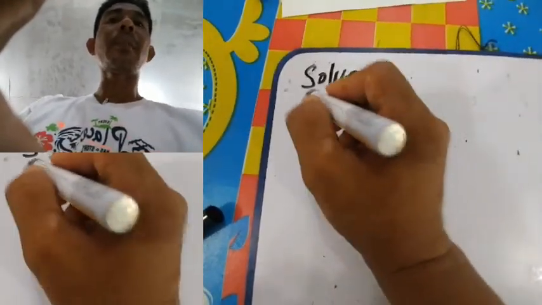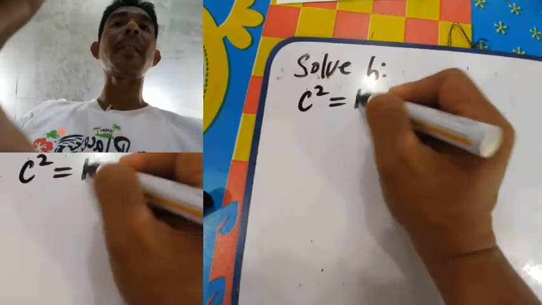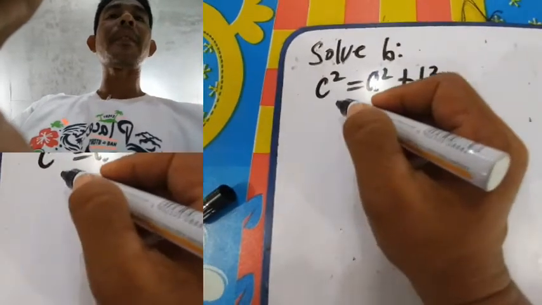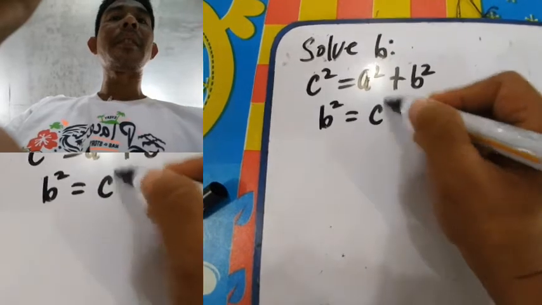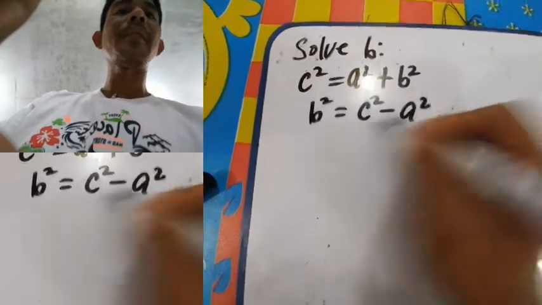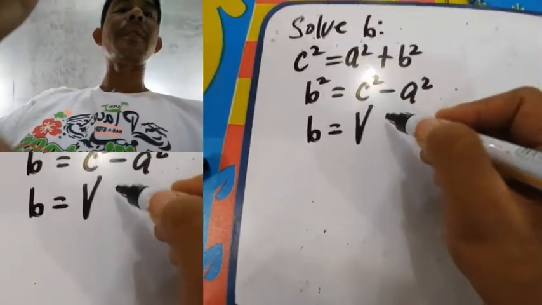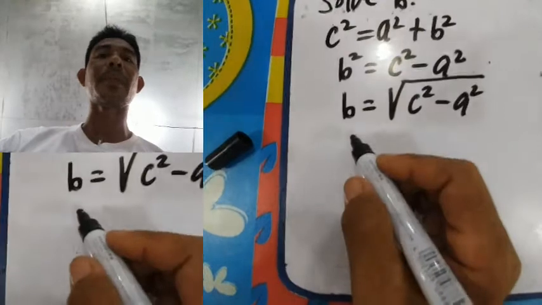Using our Pythagorean theorem, C squared equals A squared plus B squared, then B squared equals C squared minus A squared, then B equals the square root of C squared minus A squared. Then we will substitute.